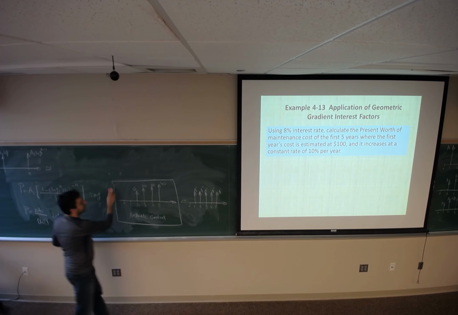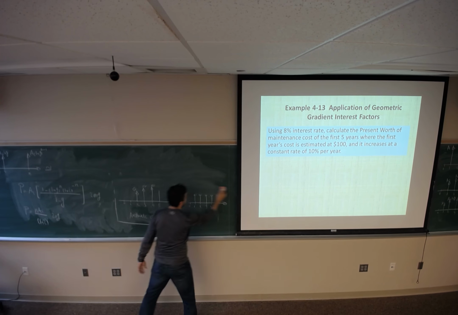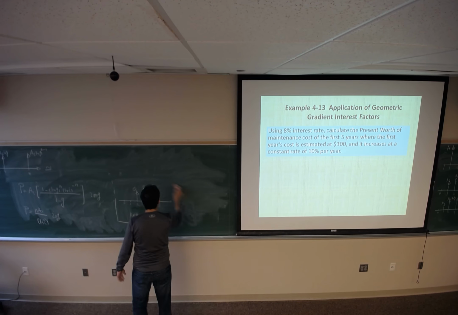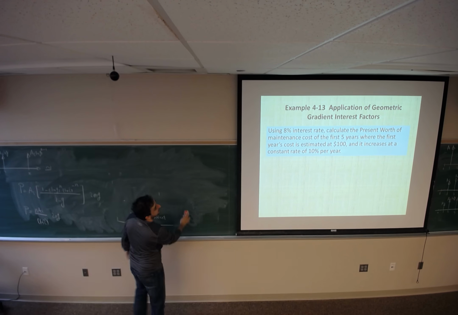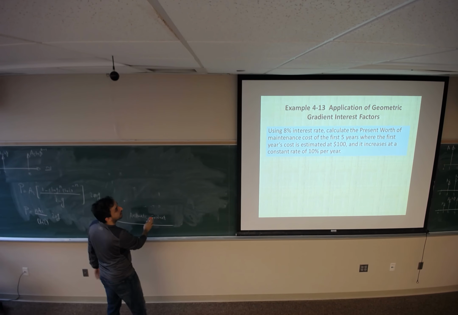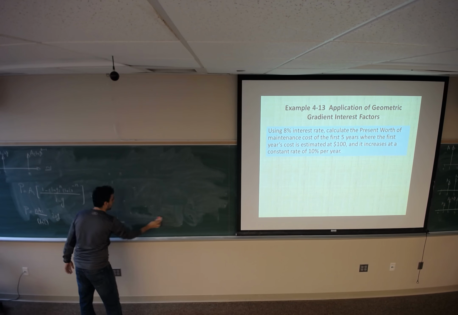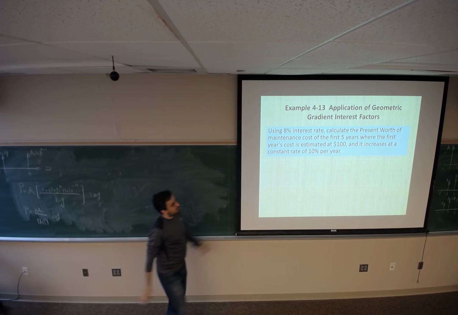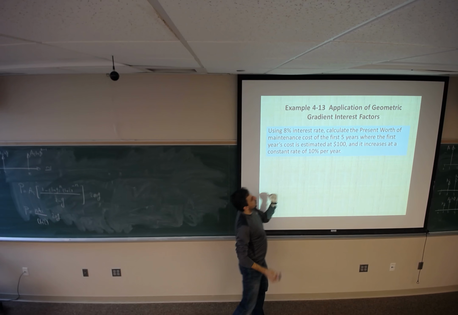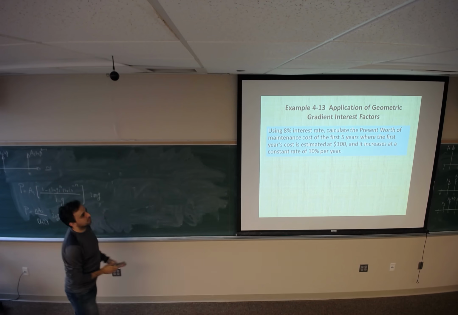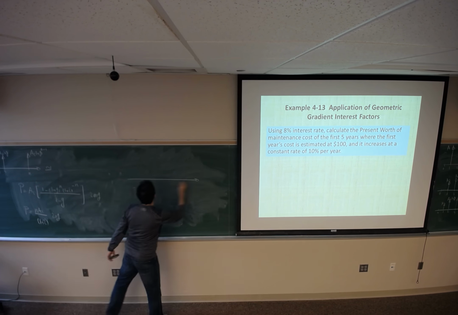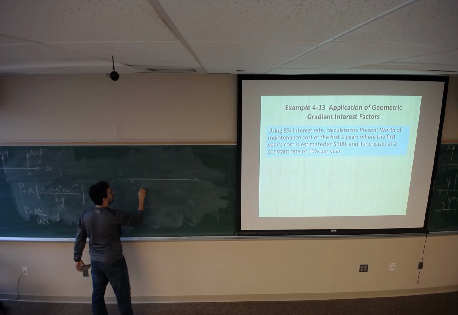So let's work on some examples. Interest rate is 8%, and we are going to find the present value of the maintenance cost for the first 5 years. The first year has a maintenance cost of $100. It's a cost, so the arrow is going down.